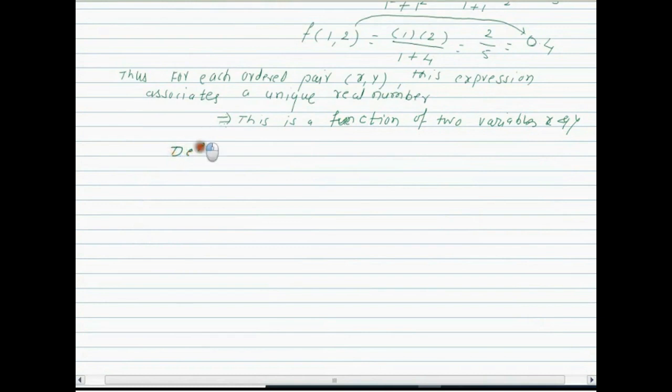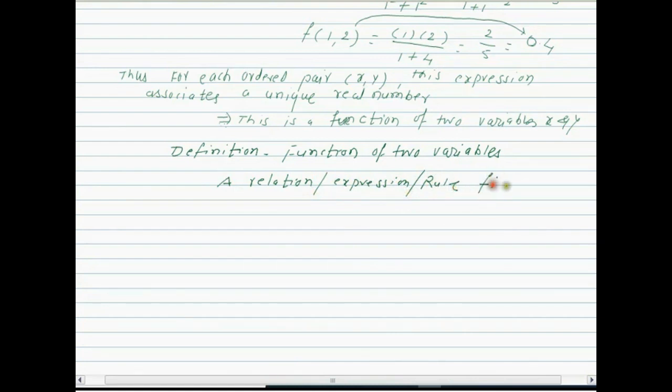Definition: function of two variables. A relation, or expression, or rule f from the set R cross R to R.